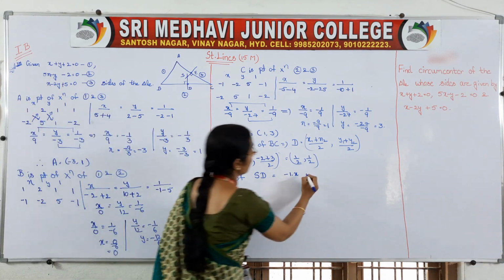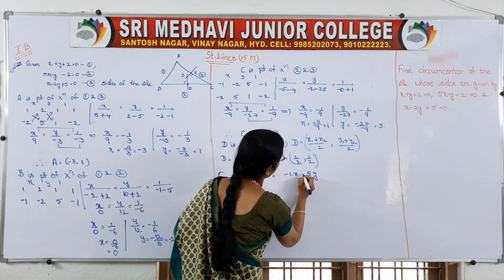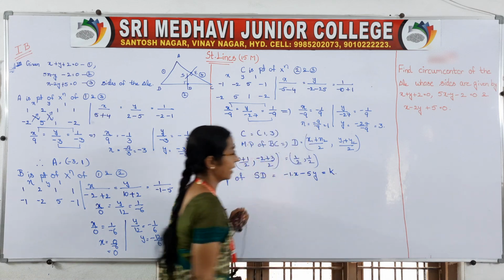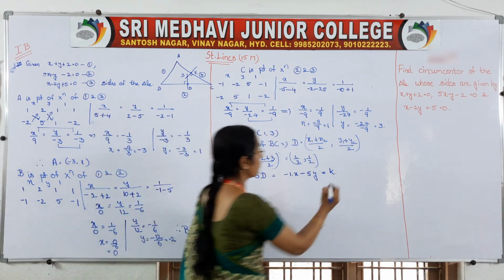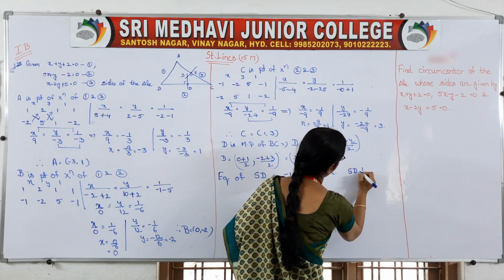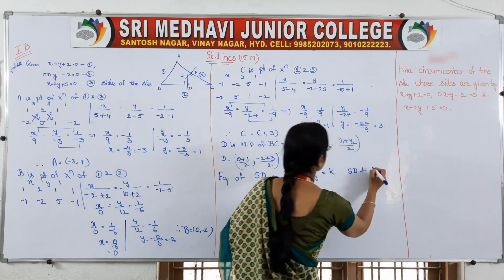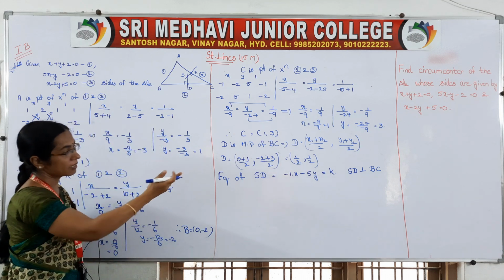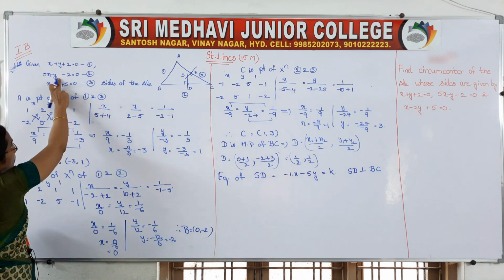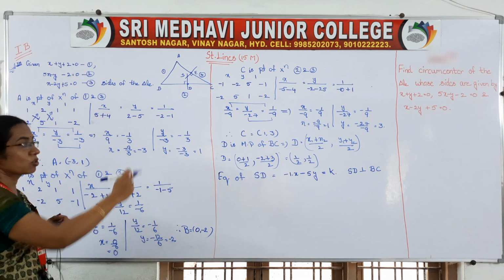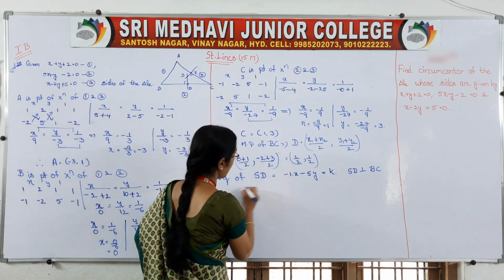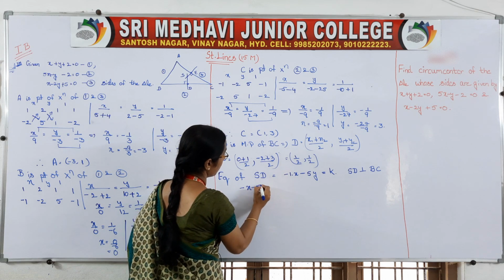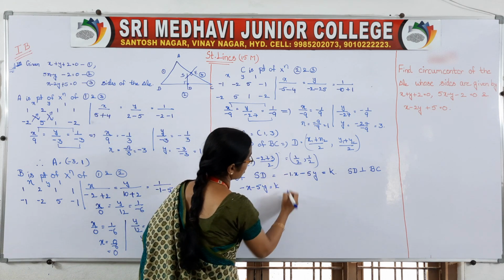We get the equation of SD like this because it is perpendicular to BC. So this is minus x minus 5y is equal to k.